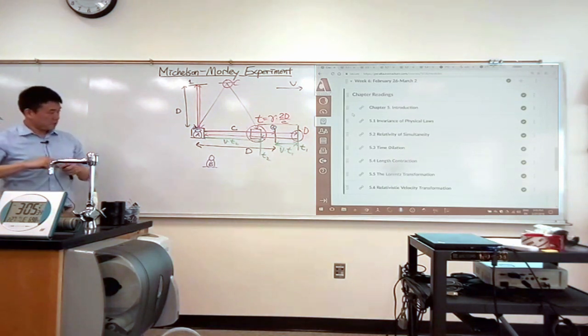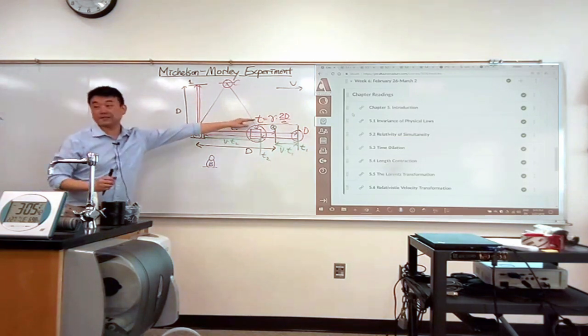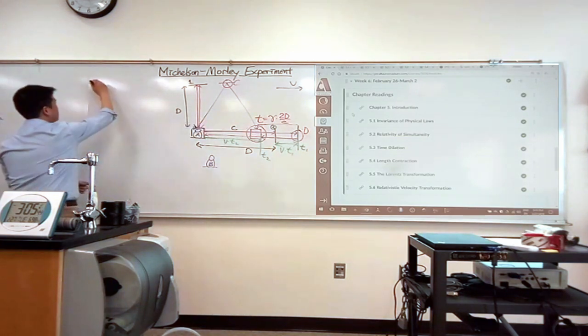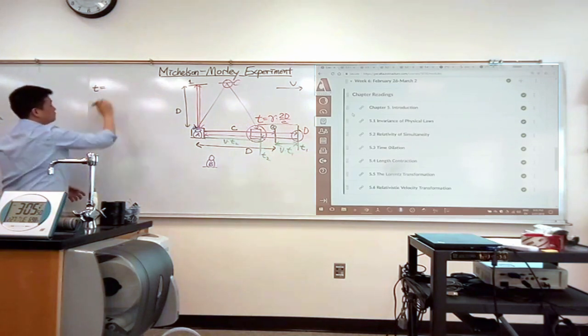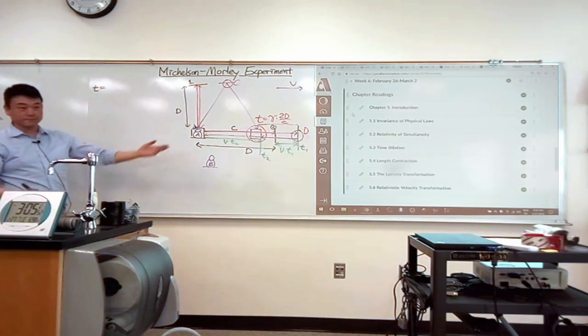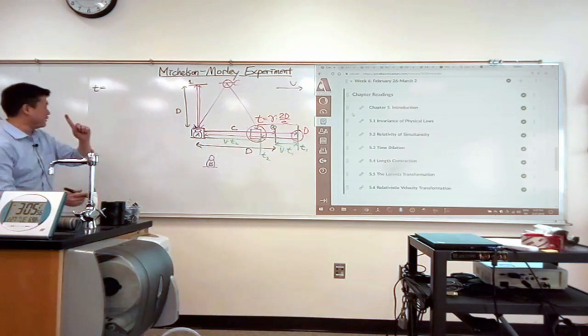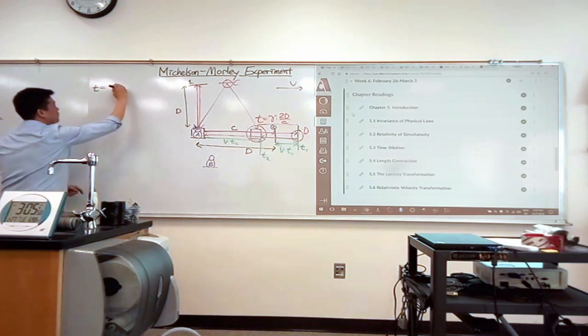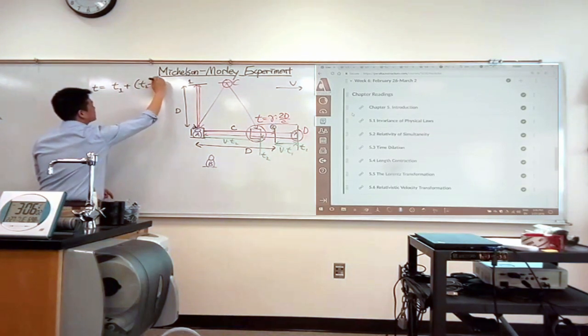So, the total travel time, let me call it T. It should be the same as this. So total travel time T is equal to T2. And let me rewrite it this way. It's T1 plus T2 minus T1.